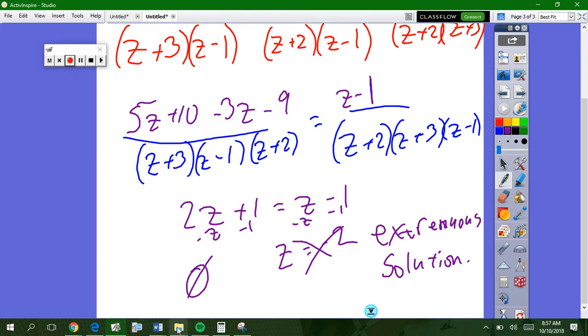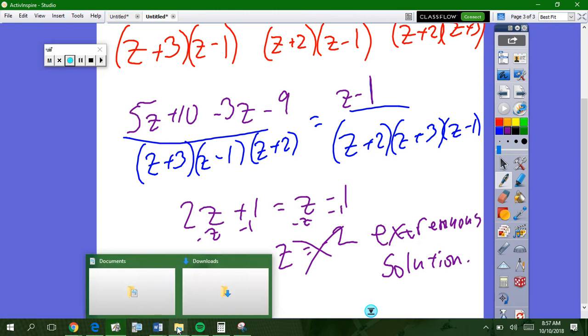Or they might just ask, what are possibilities for an extraneous solution? Equals 0 in my denominator. So therefore, yes, we solved, and that's what it should equal to get the top equal to each other, right? But with that being said, I can't be that value because of the excluded value, right? I cannot be that.